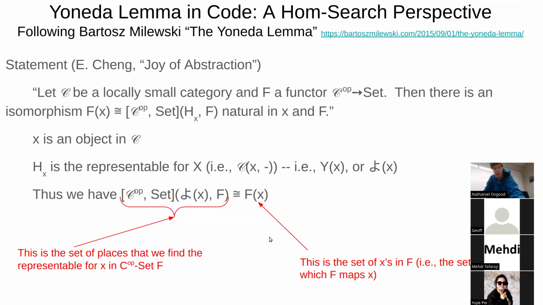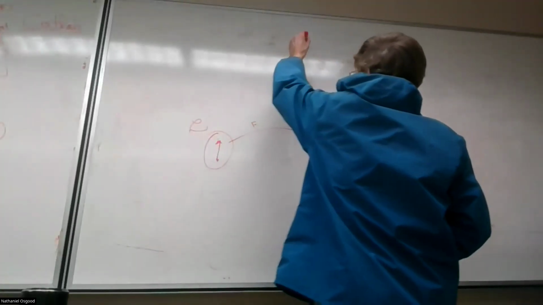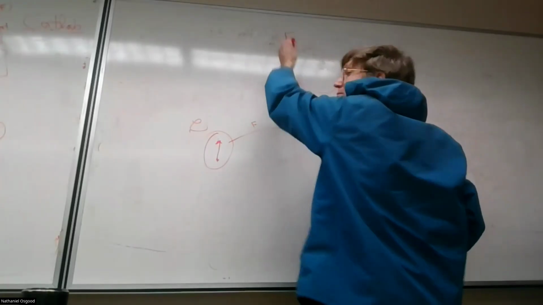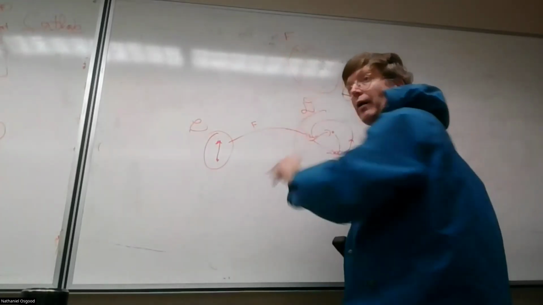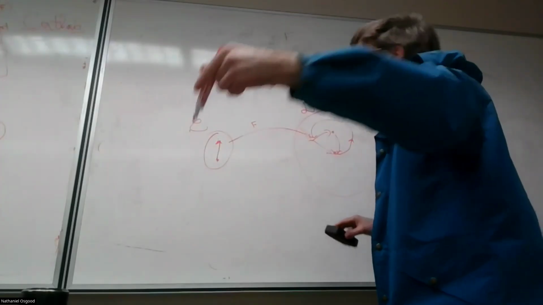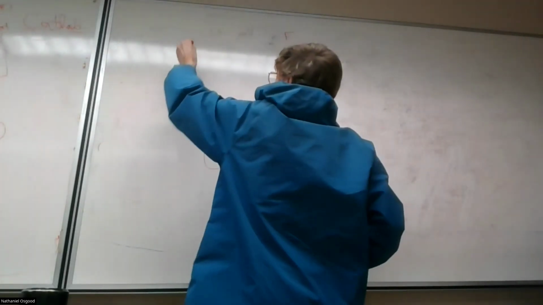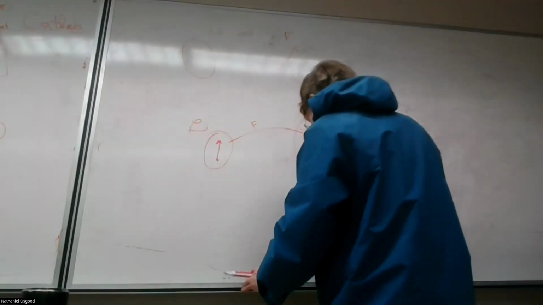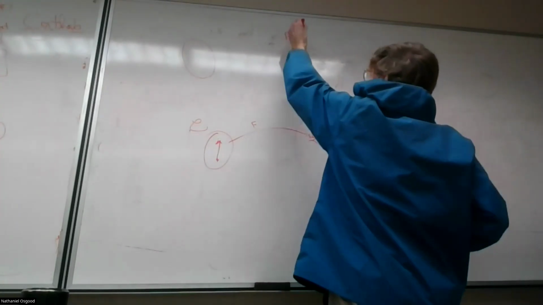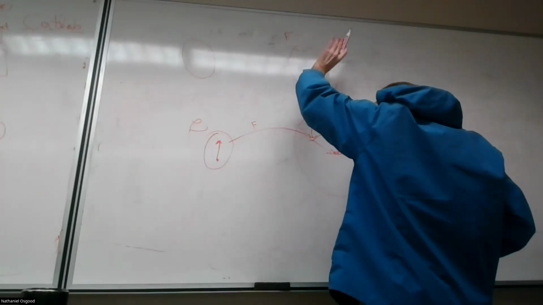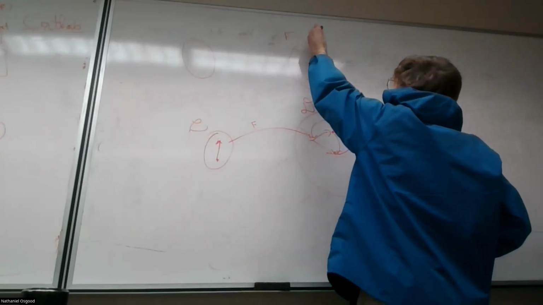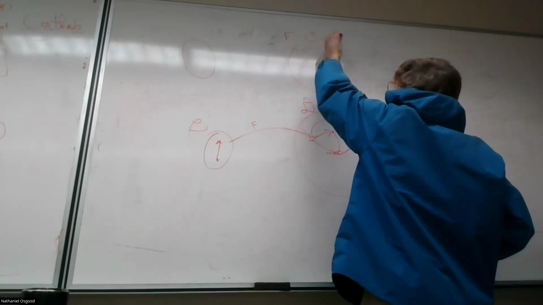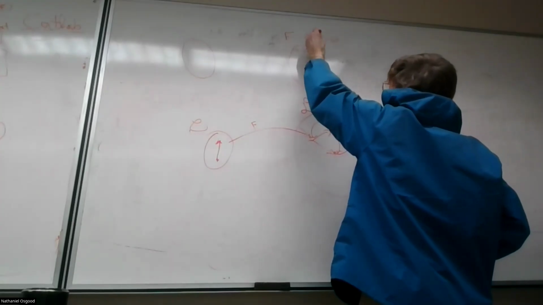For the Yoneda lemma, we're going to have a C-set F. This is some C-set for some schema category, right? And we're going to consider maps from representables. We have some indexing category.